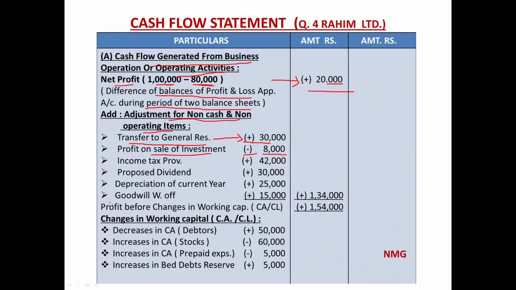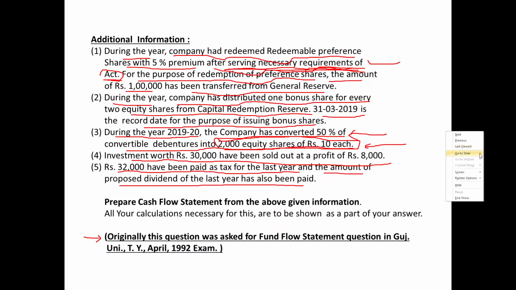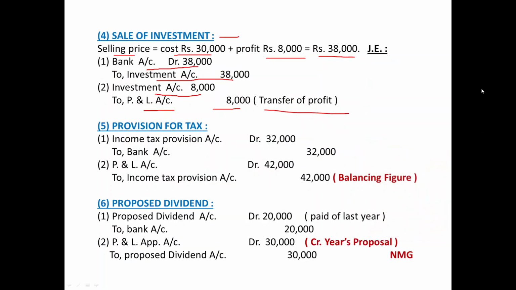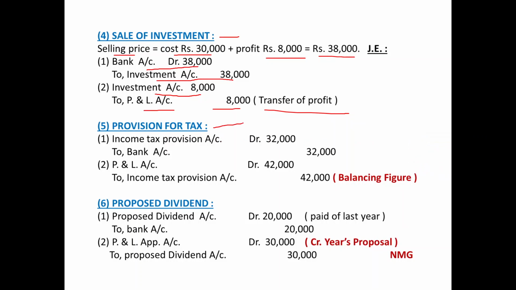Let us verify the next point of the question. The last point of the question. Point number 5. Rupees 32,000 have been paid as tax for the last year. And the second transaction, the amount of proposed dividend of the last year has also been paid. Let us consider tax first. 32,000 have been paid as tax for the last year. Have a look on this journal entry, working note number 5, provision for tax.